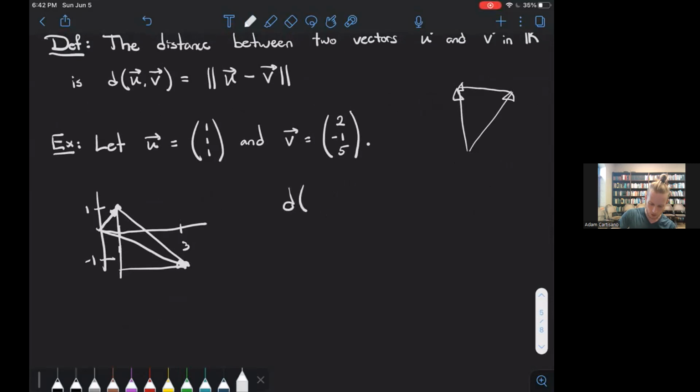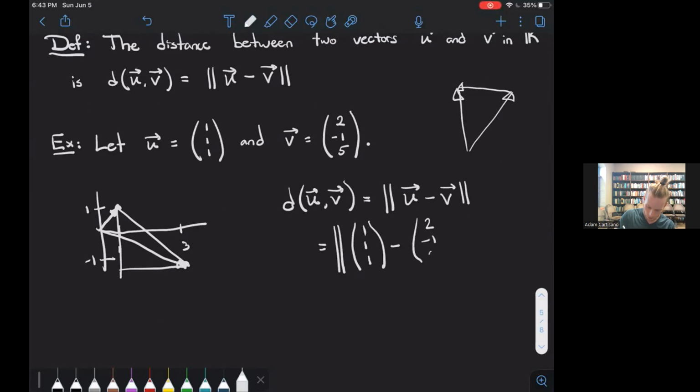The distance between u and v is defined as the norm of, of course, u minus v, which is the norm in this case of (1, 1, 1) minus (2, -1, 5), which is the norm of 1 minus 2 is negative 1, 1 minus negative 1 is 2, and 1 minus 5 is negative 4.